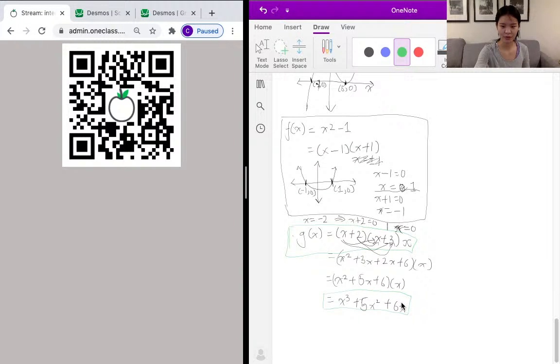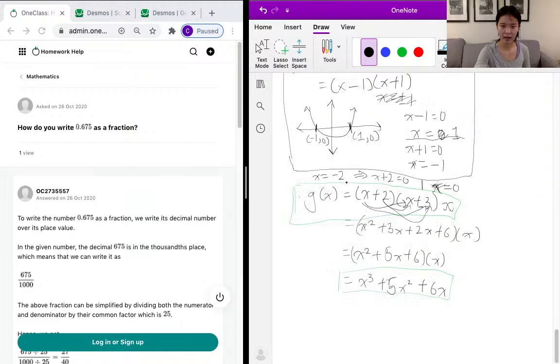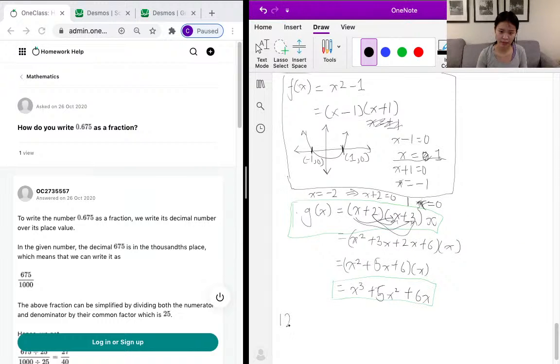Now let's move on to our problem number 12, which is a straightforward problem. Write 0.260 into a fraction.